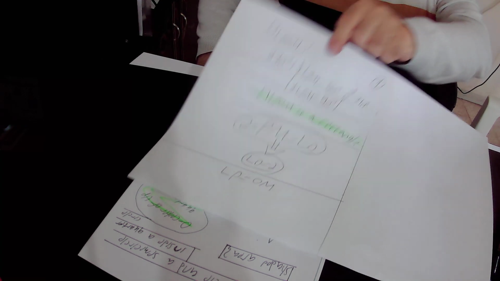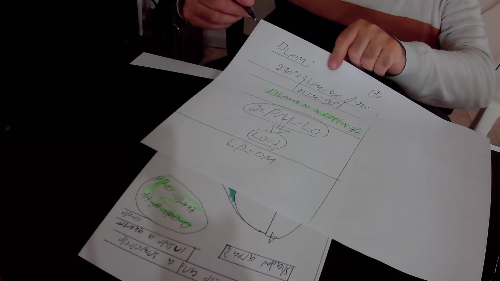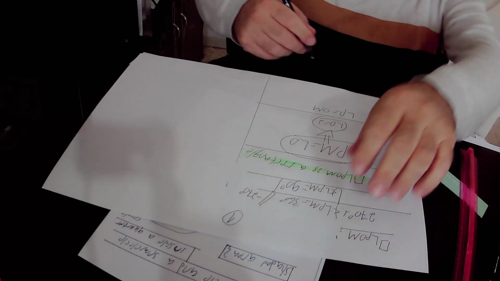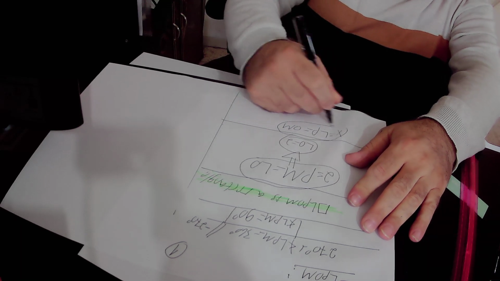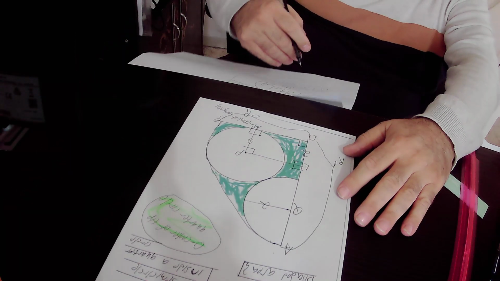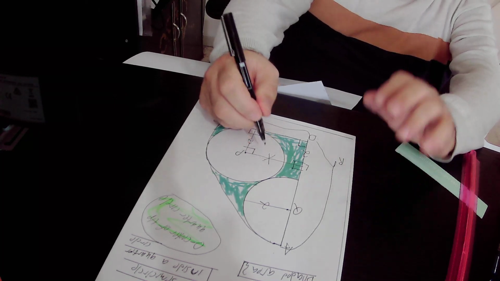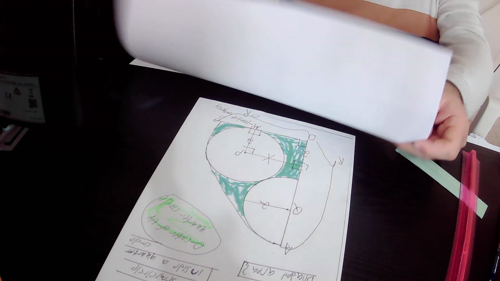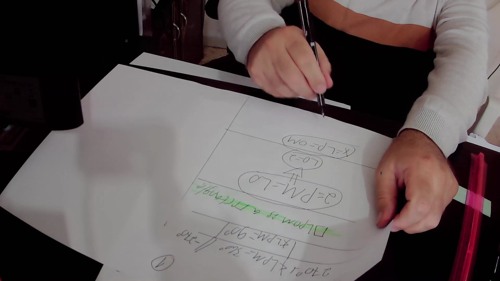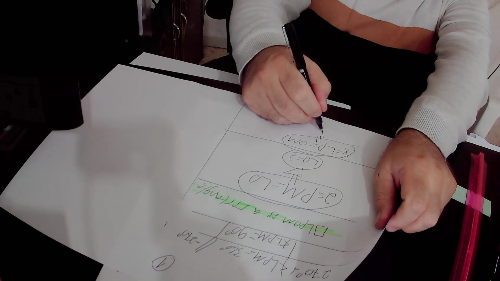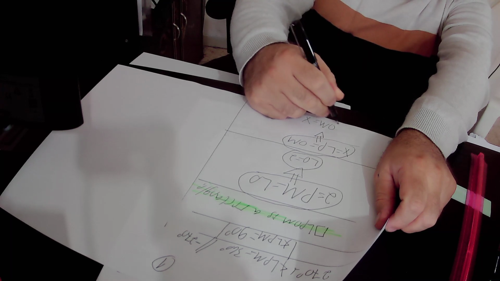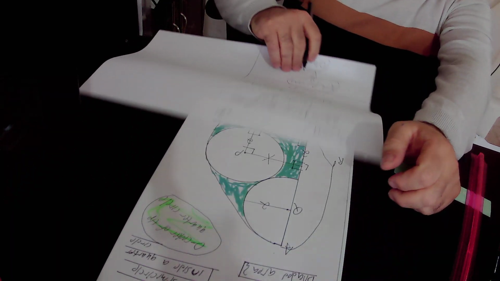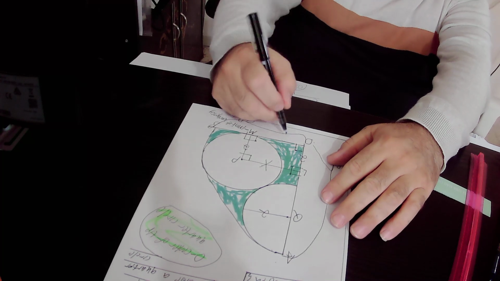So if we define side LP as X, then LP equals X according to our definition. Then from this equation, X equals LP equals OM, we conclude that side OM is also equal to X.